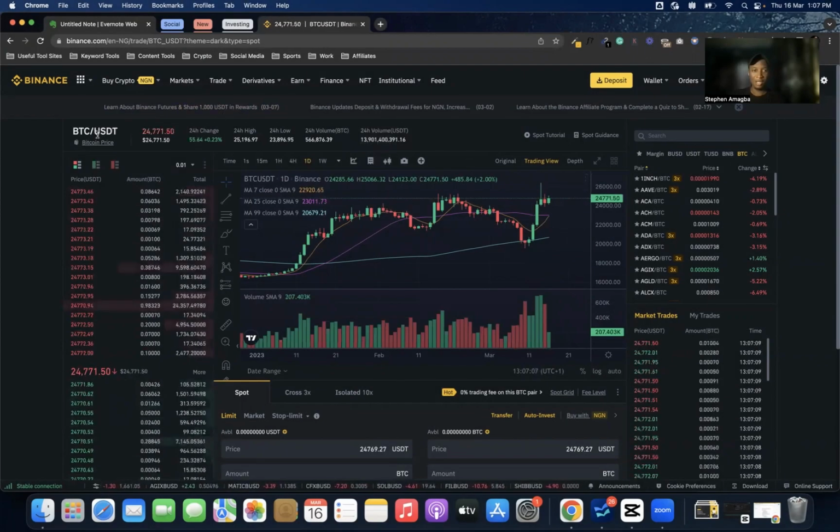On the top tab, you have details about the market you are currently in. So in this case, we're currently in BTC USDT.